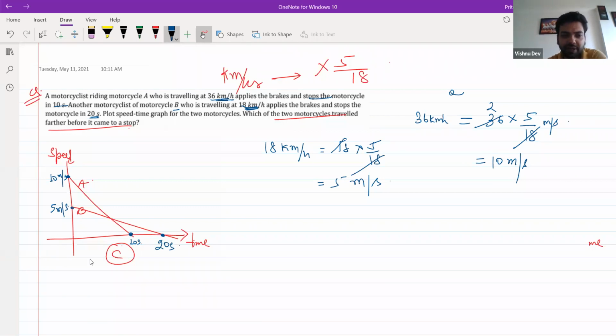So we have the speed-time graph. We'll just calculate areas. You could have used the equation of motion also from the information here, but instead I'll just use the area. For A, area is half times base, that is 10, times height, so it will be 50.